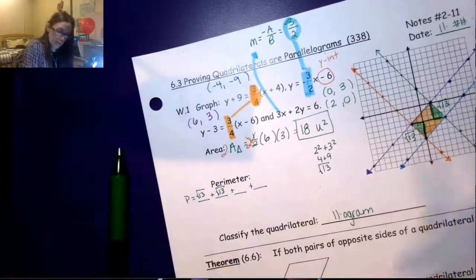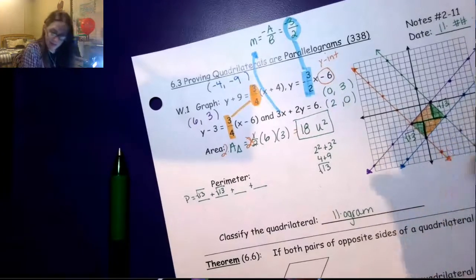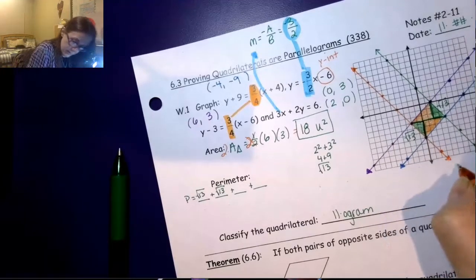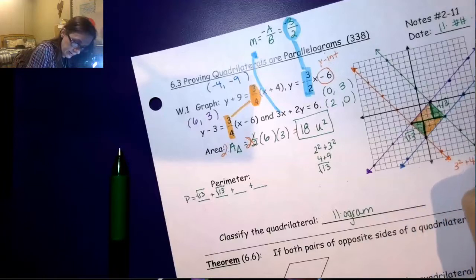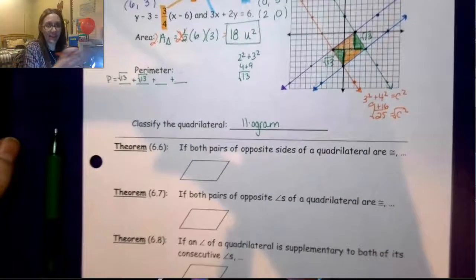Now I want to find the orange side. The orange side is 1, 2, 3 and 1, 2, 3, 4. Now, I like this one. This one is 3 squared plus 4 squared equals c squared. I get 9 plus 16, I get 25.